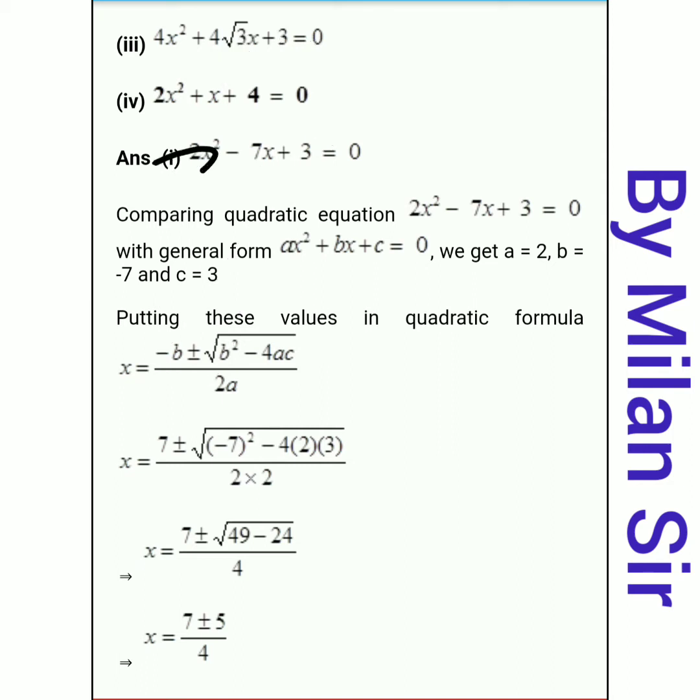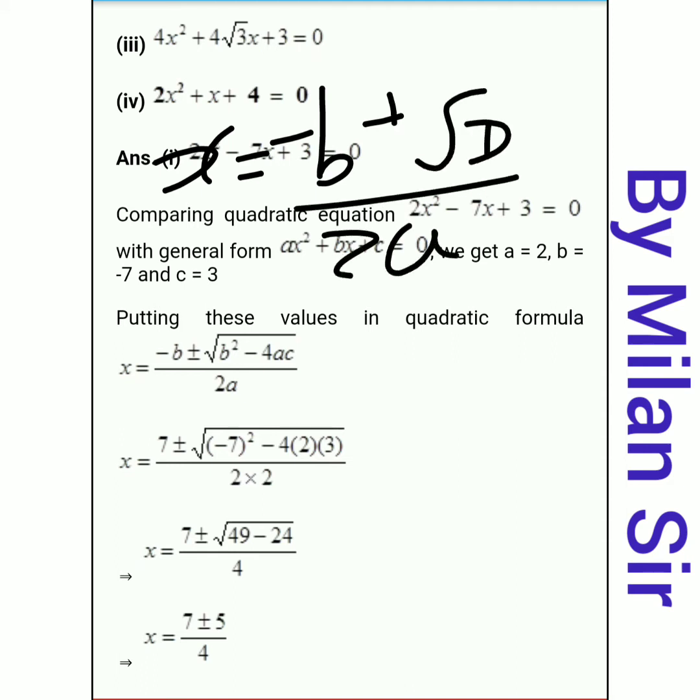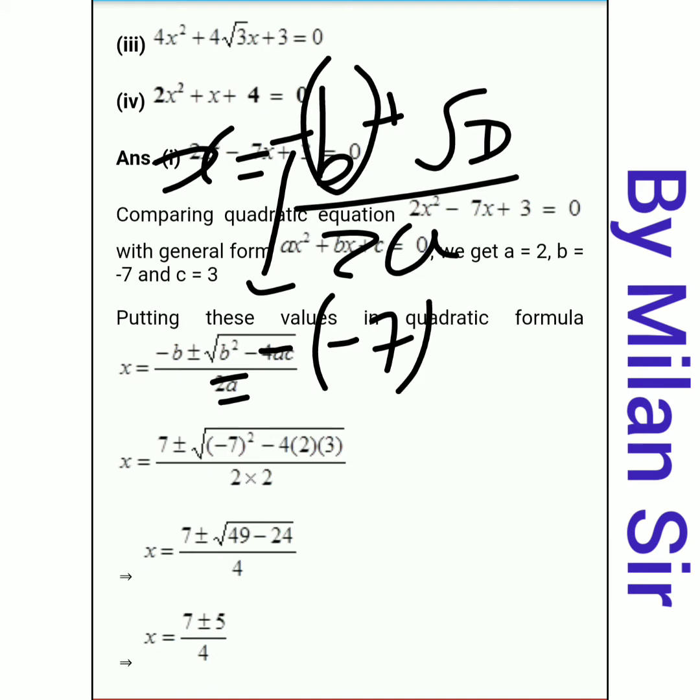Now x is equal to minus b plus or minus under root d by 2a. Put the values here. First of all, minus as per the formula, then we need to write the value of b. The value of b is minus 7. The first minus sign is as per the formula, then b itself is a minus, so we write it in a bracket, minus 7.